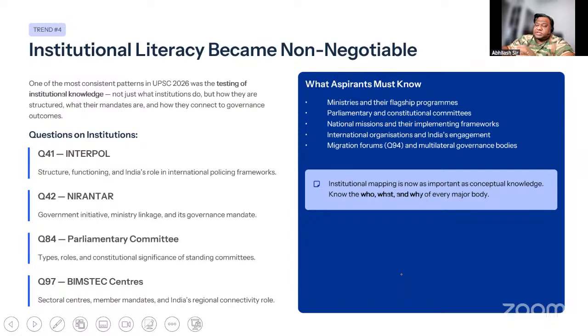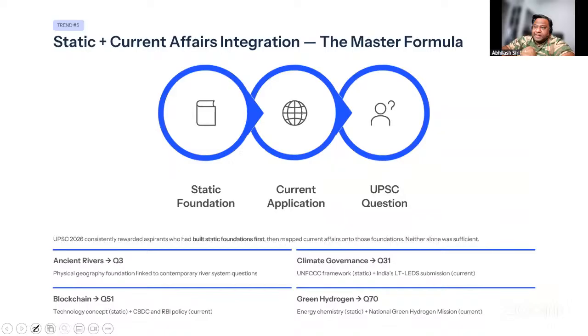Next, we saw Interpol, Nirantar, parliamentary committee and BIMSTEC center, and talked about them. It is not just about names and details; where, what, why everything is important, what is connected, what they work on, what their mandates are. These things should be in your mind when you prepare. There were questions on this too.